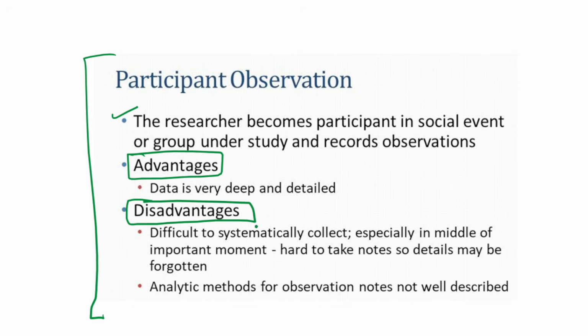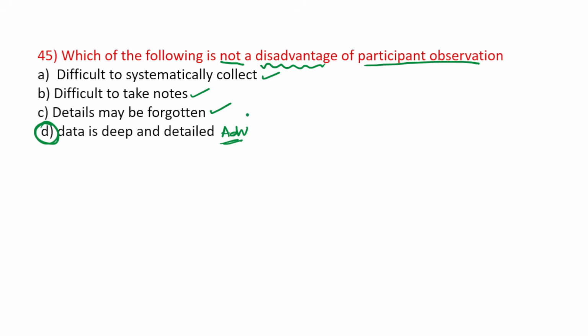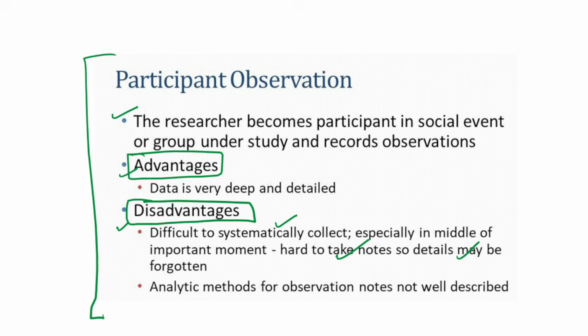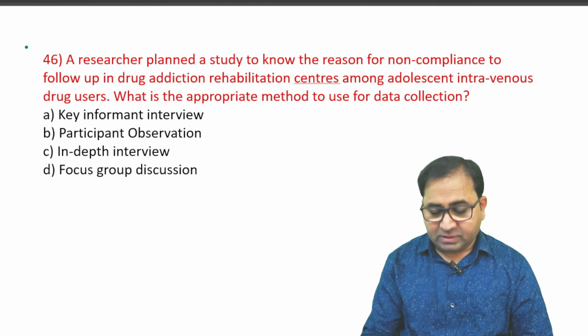In the disadvantages, they have mentioned it is difficult to systematically collect, it is hard to take notes, and details may be forgotten. Also, they have mentioned that the analytical methods for observation notes are not well described. So we got all the disadvantages and one advantage, and this has been framed in the form of a question. So please remember this question and also the answer, and most importantly, this chart on participant observation.